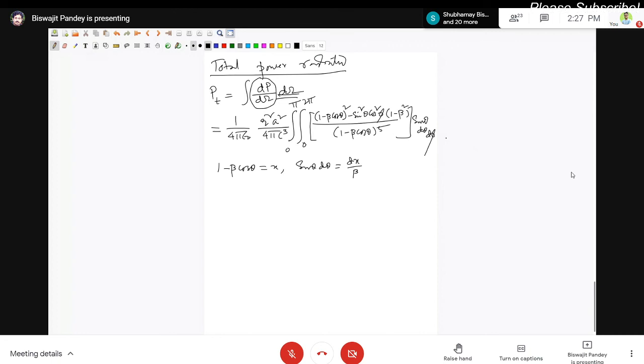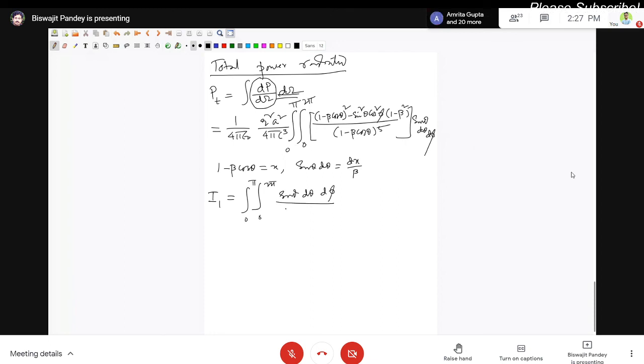Yes, it's the correct expression. Everyone of you can do this integration. It is just a laborious integration which one has to carry out by the method of substitution. 0 to pi, 0 to 2 pi, sine theta d theta d phi.